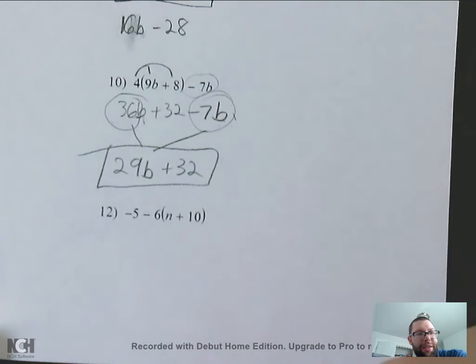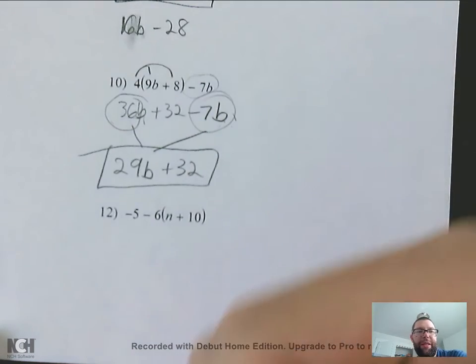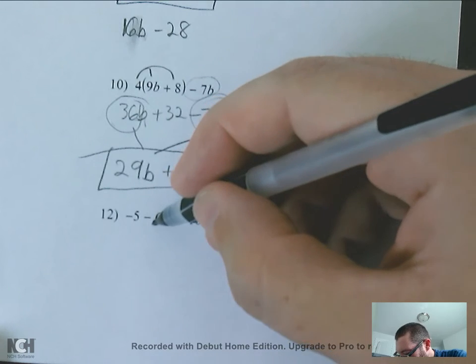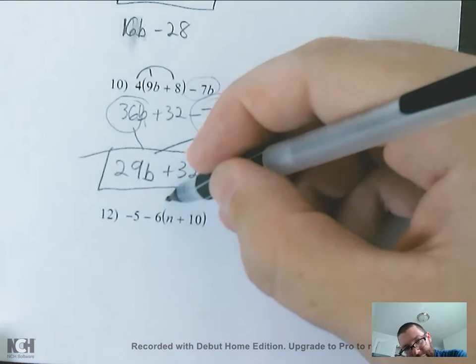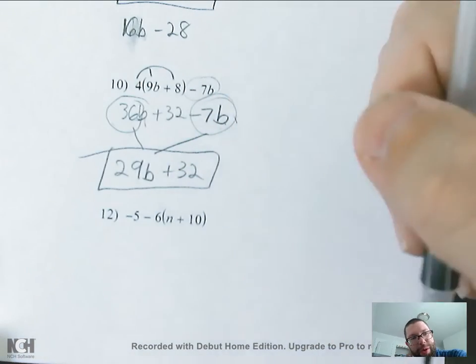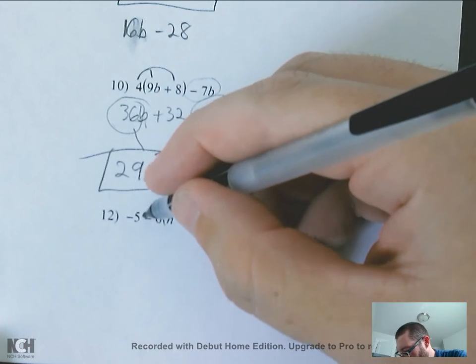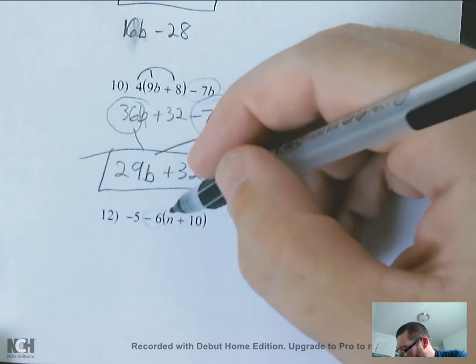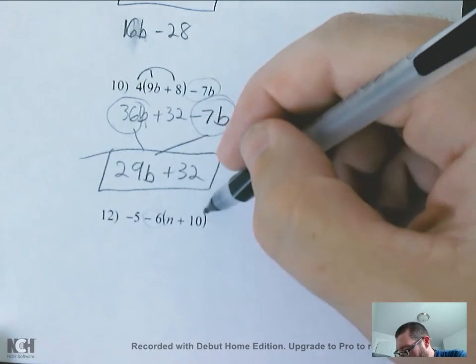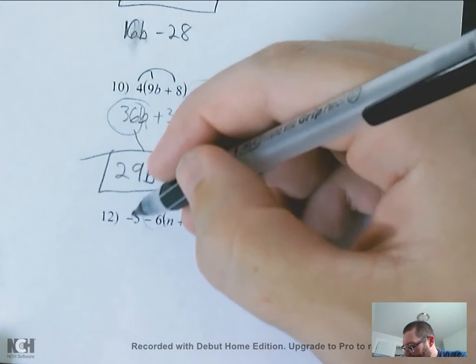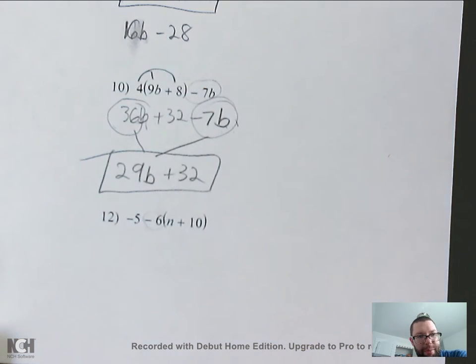And that is not what you do. These are technically not like terms because this is multiplying with two other terms. They cannot be combined with this because this number right here with the negative is attached to these two terms in the parentheses. This negative 5 is not. It's just an extra number.